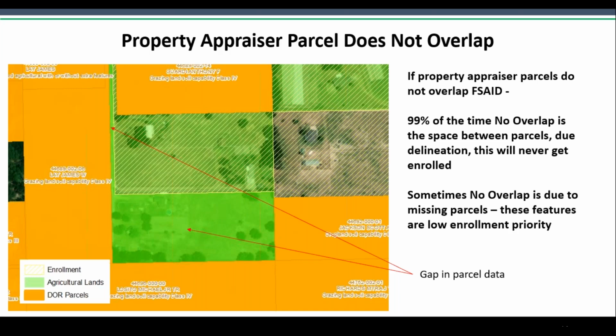So given that enrollment in our program is based on the parcel owner information and the parcel geometry, we cannot pursue enrollment if there's no parcel information available because we don't know where to go or what they're doing. Unenrolled ag lands that fall outside of this parcel data become a low priority for enrollment, except in certain circumstances.